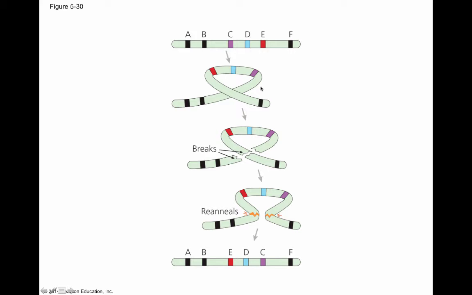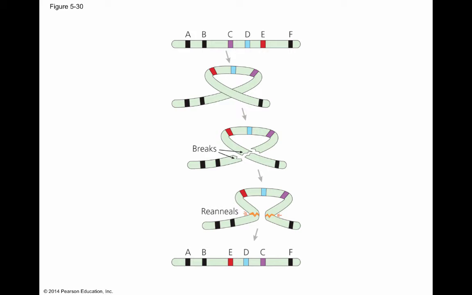Another kind of mutation is due to an inversion, where the whole chromosome breaks and reanneals, but reanneals in the opposite direction from how it originally occurred. So you've got this hairpin forming, and then it breaks and is reinserted. So these genes are now in the opposite order compared to the others.